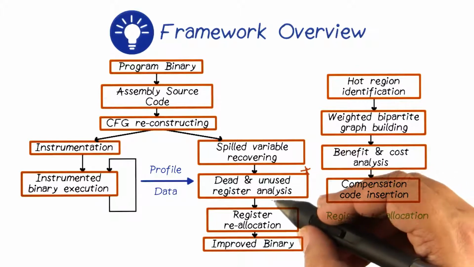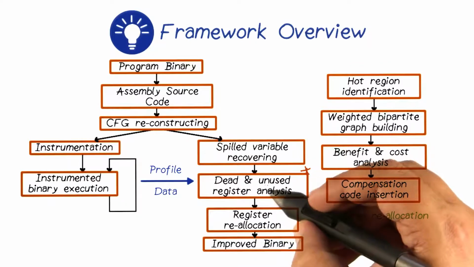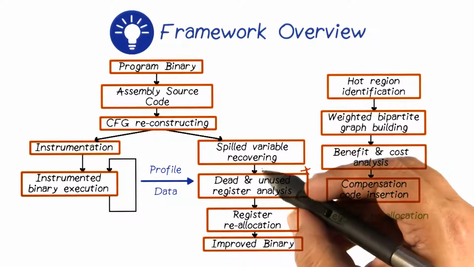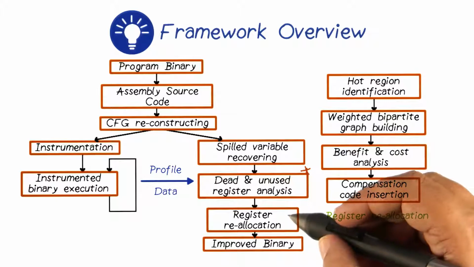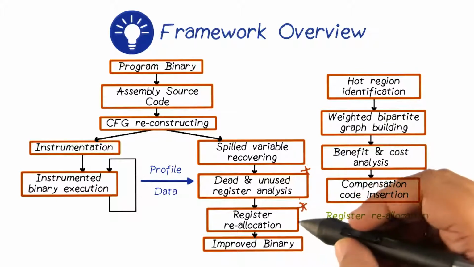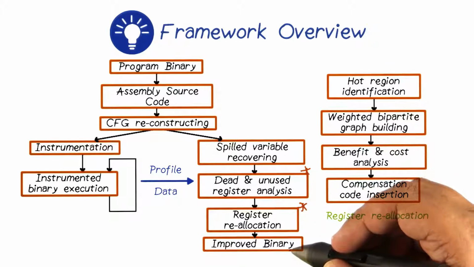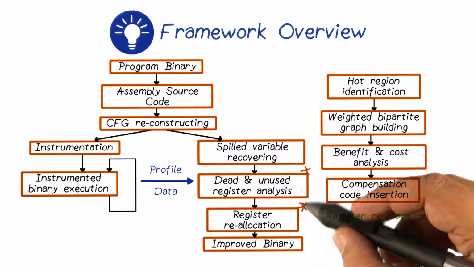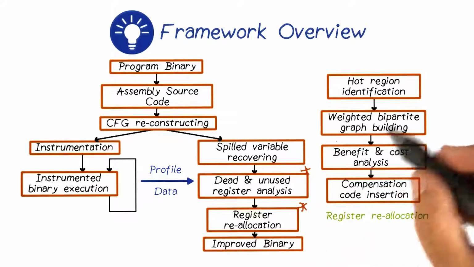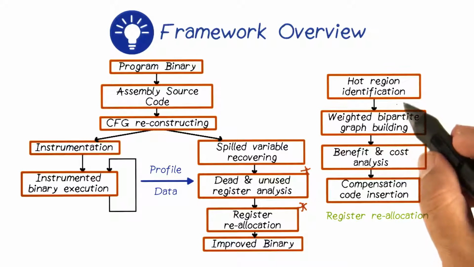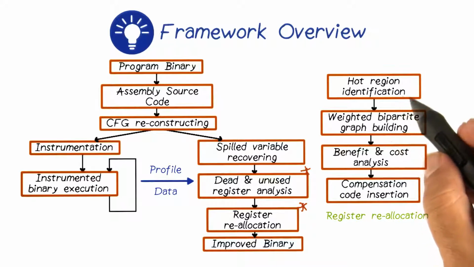Now, using this information of dead and unused registers and hot and cold paths, we are going to undertake the register reallocation. And so therefore, we'll have an improved binary. So let us now look at some details of how this is done in terms of the register reallocation, and that's going to be our focus for the remainder of this discussion.